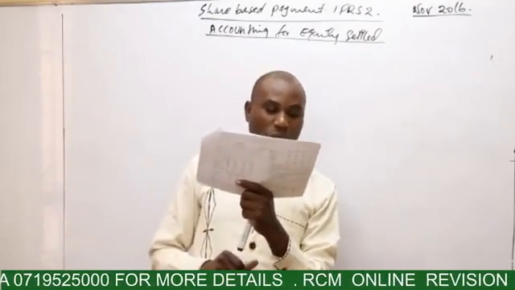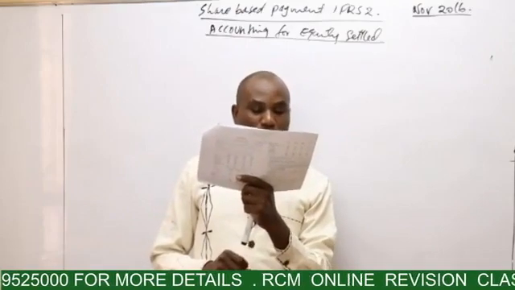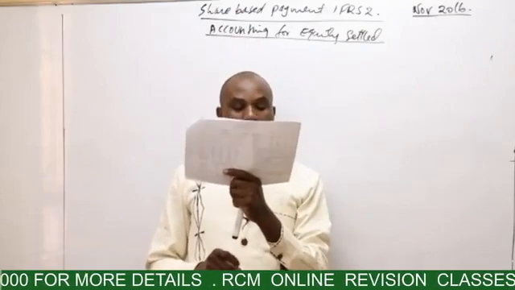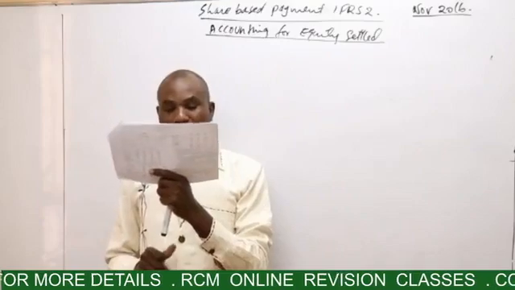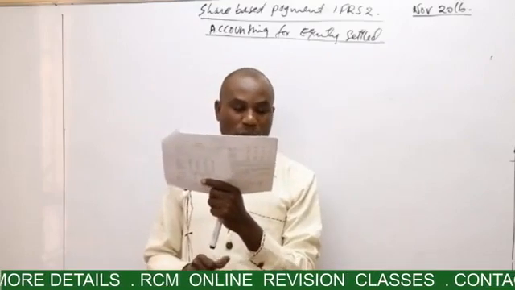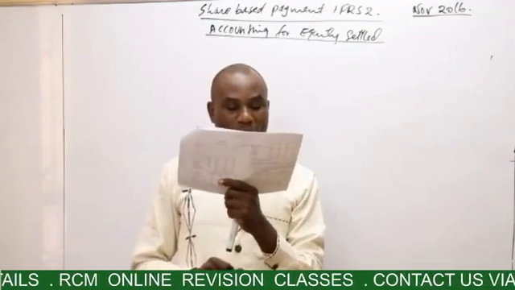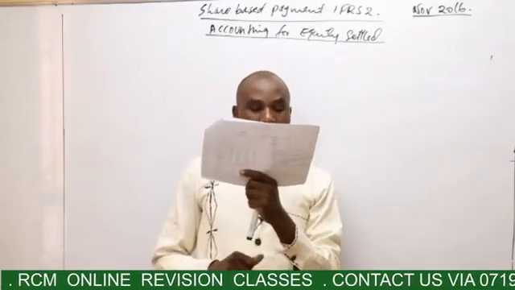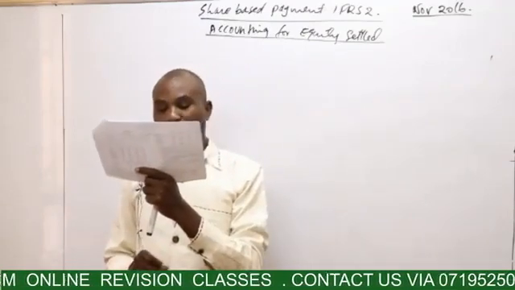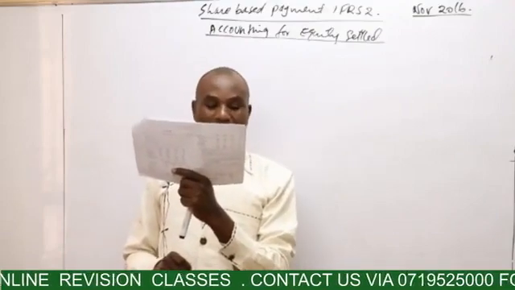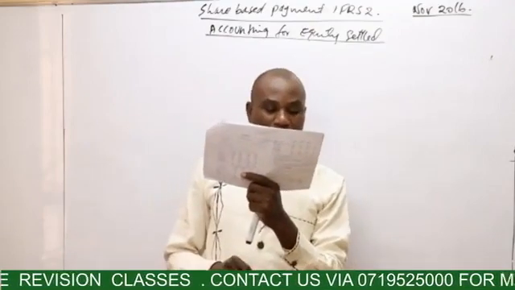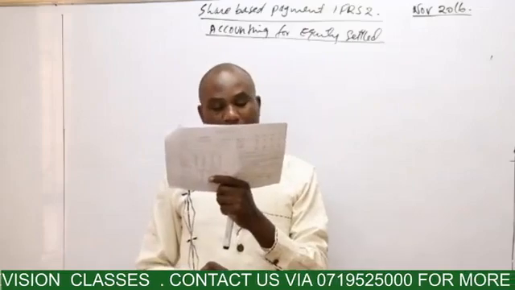Required: show how Beta Limited will report the transaction of the above scheme as per the requirements of IFRS on share-based payment over the 4 years ending 1st March 2020. Assume all the eligible employees will exercise their rights on 1st March 2020. 8 marks.